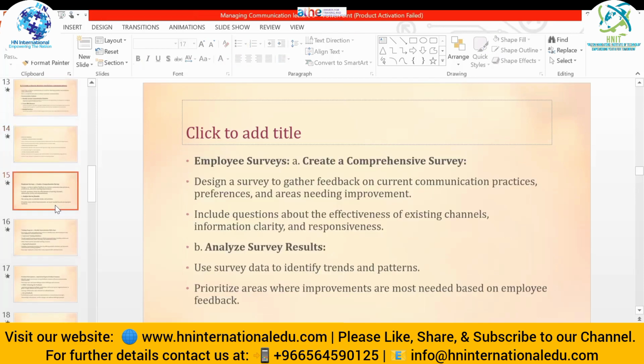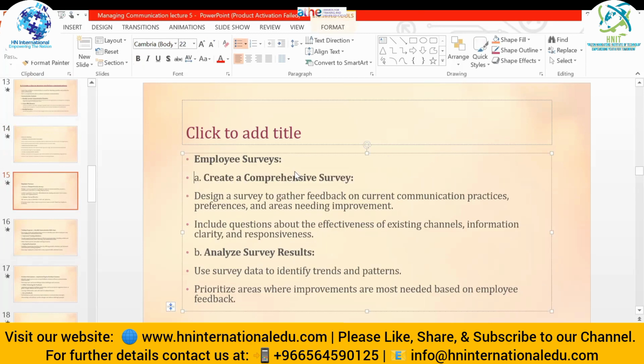Then we have employee surveys. In this, we create a comprehensive survey and analyze the survey results. In the survey, we have to design a survey to gather feedback on the current communication practices, preferences, and areas needing improvement, including questions about the effectiveness of the existing channels, information clarity, and responsiveness.